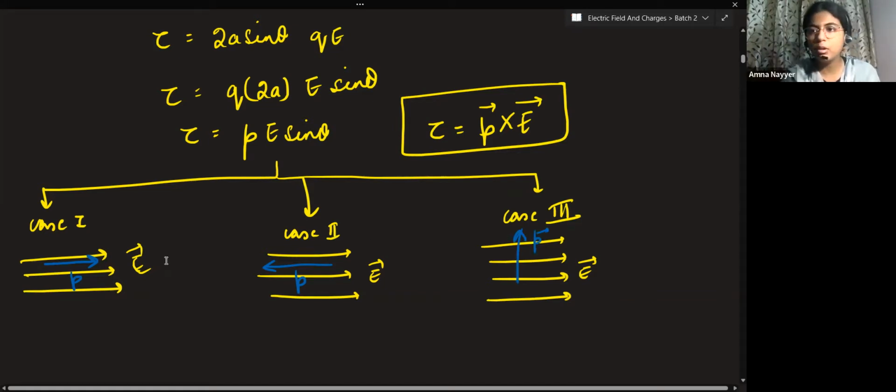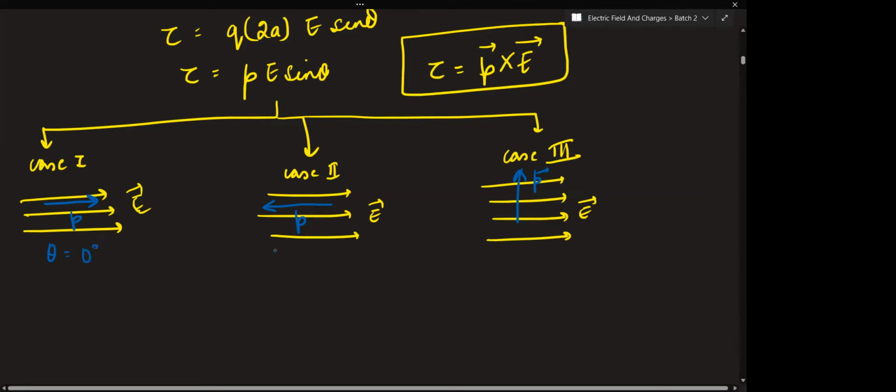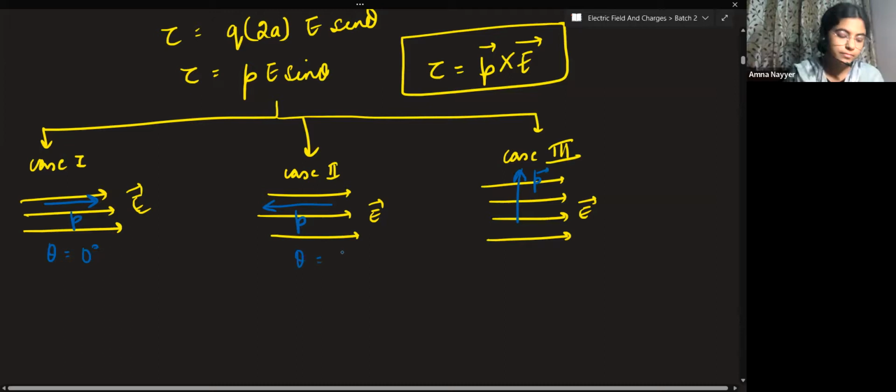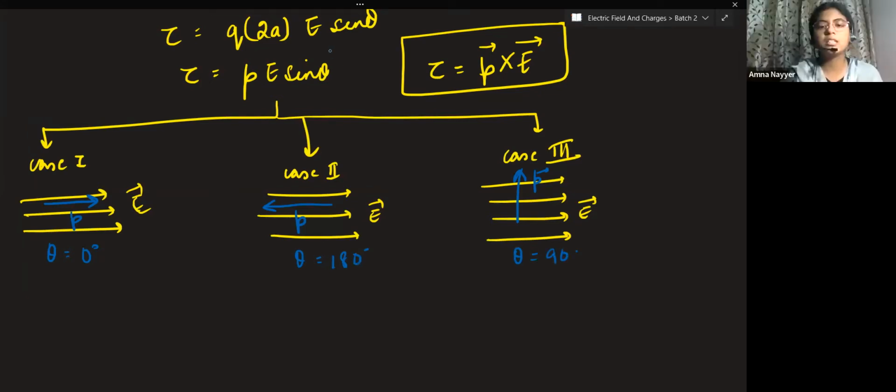Now if you look at this carefully, what is the angle theta in this first case? 0 degree. In the second case? 180 degree. And in the third case? 90 degree. So only Fatima and Krishna know these angles.